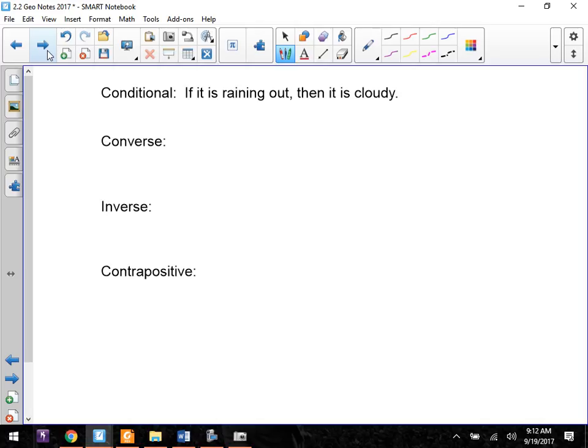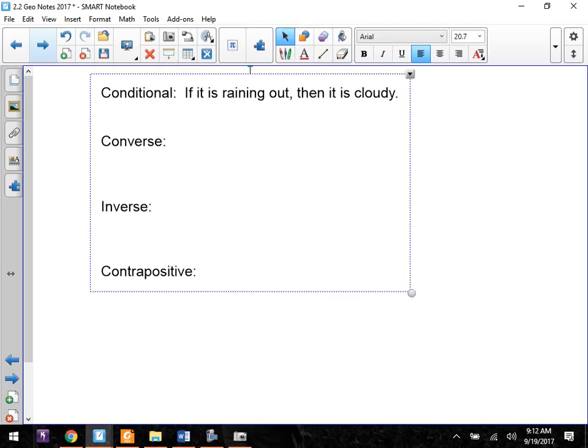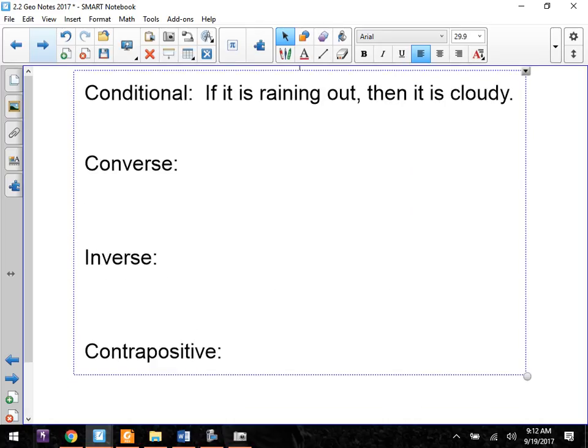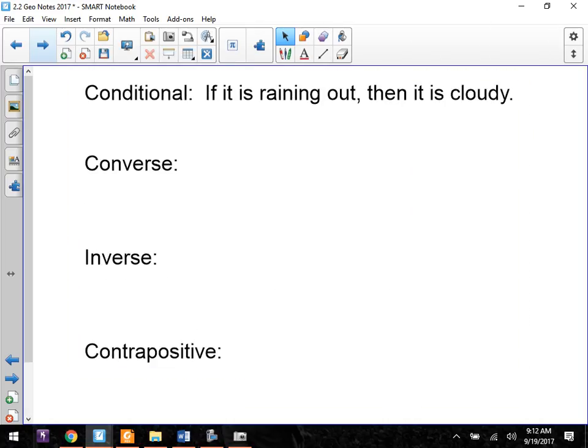Write the converse, inverse, and contrapositive of a non-math thing. I have the conditional up here for you. Write out the other three, please. It's all up to interpretation, and that's what a lot of this stuff gets to. There are some pretty interesting interpretations for some of these things.